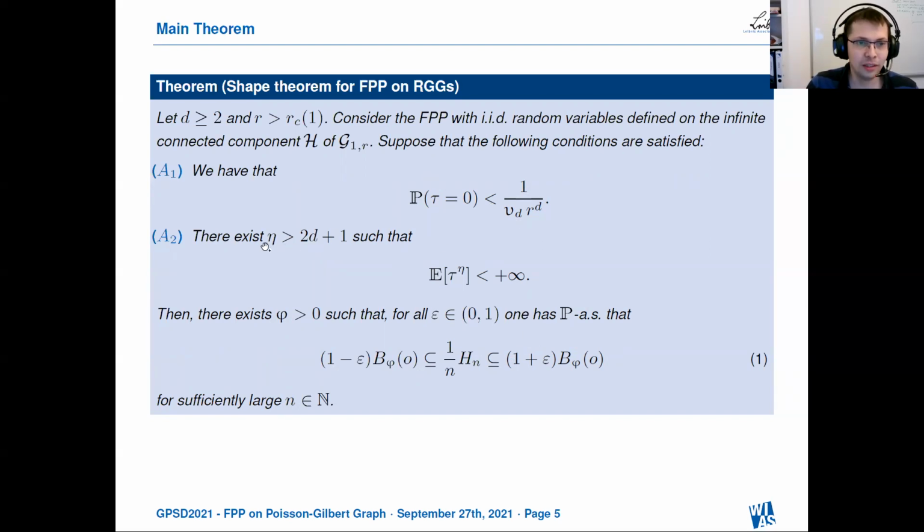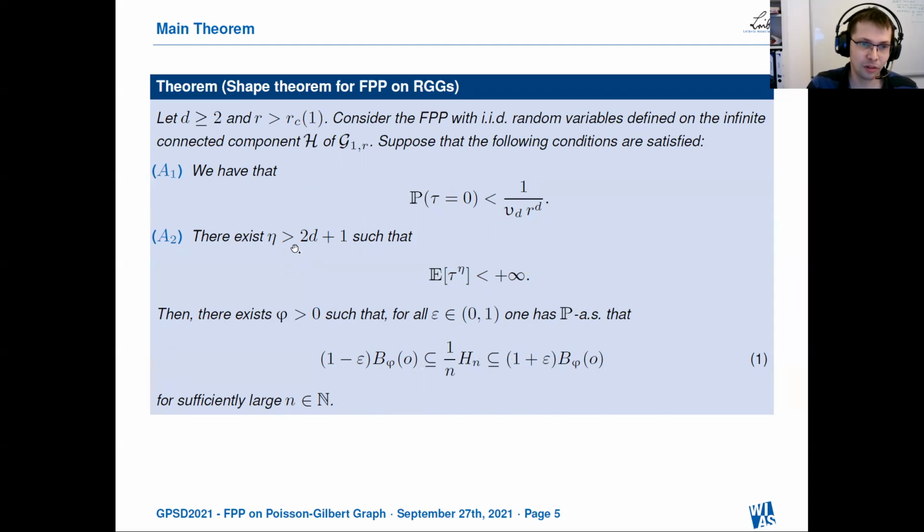And furthermore, we have a moment condition. We need that a moment bigger than 2d plus 1 exists. We need this condition for our proofs. And currently it is not strict, as we are only able to prove that if the first moment, so the expectation, does not exist, then the shape theorem also does not hold.